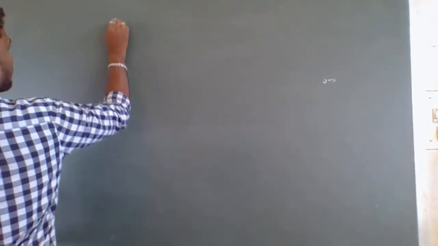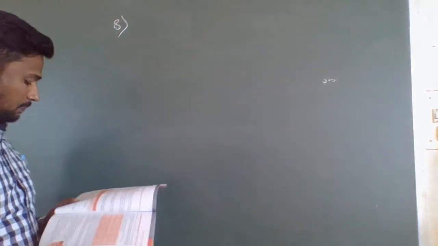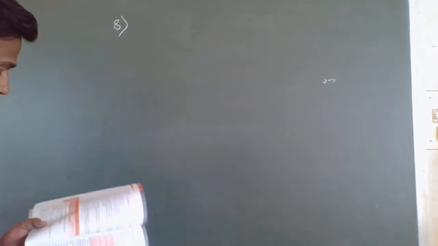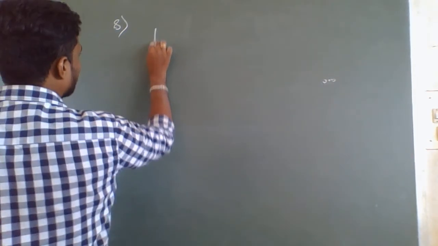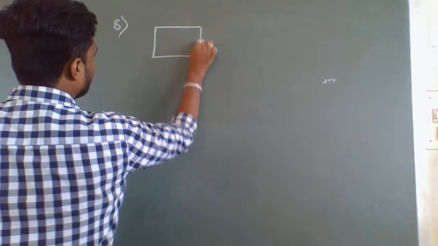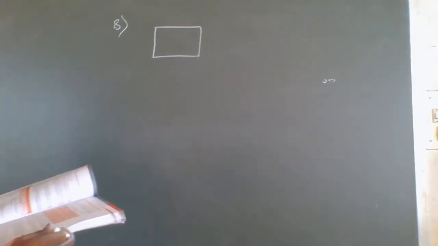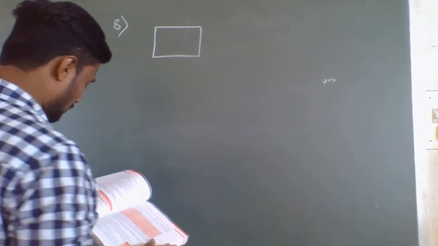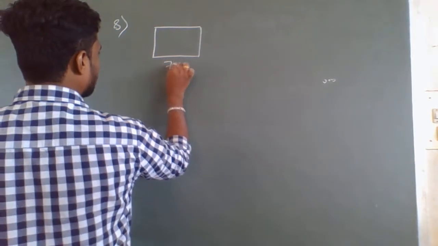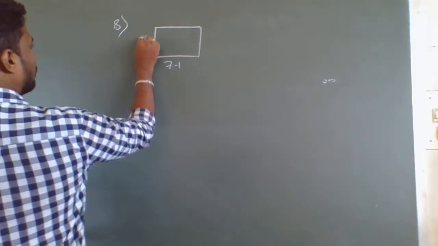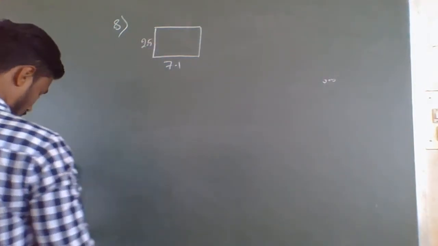Here in the eighth example, which is on page number 50 only, the length of the rectangle is 7.1 centimeter. So we consider one rectangle. The length of the rectangle is 7.1 centimeter and breadth is 2.5 centimeter.